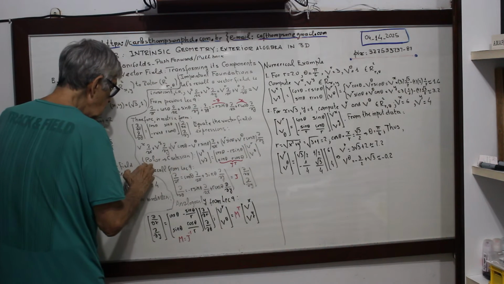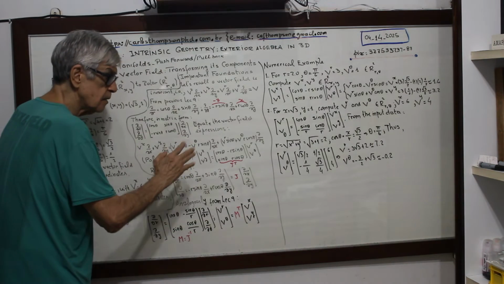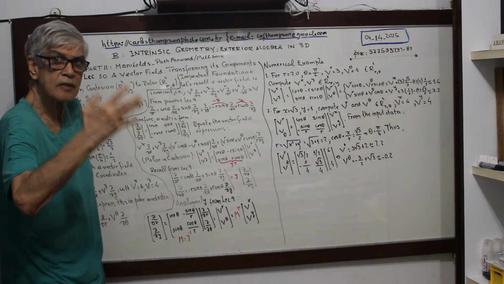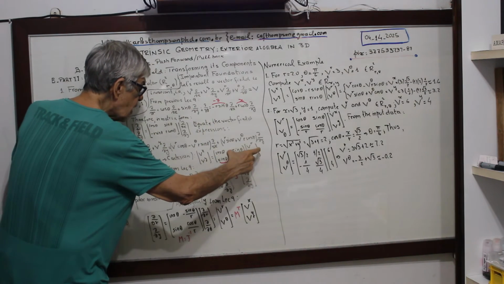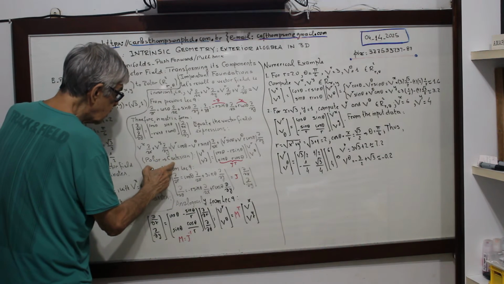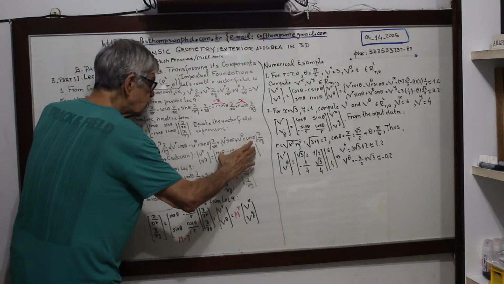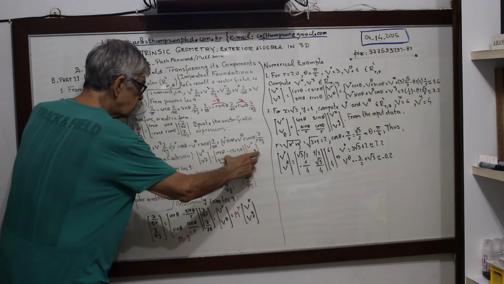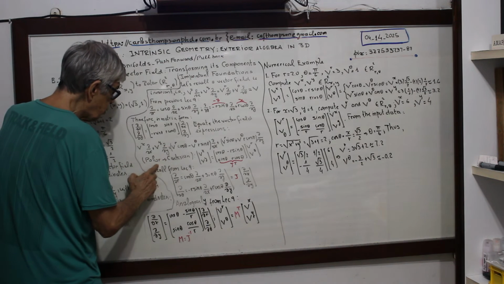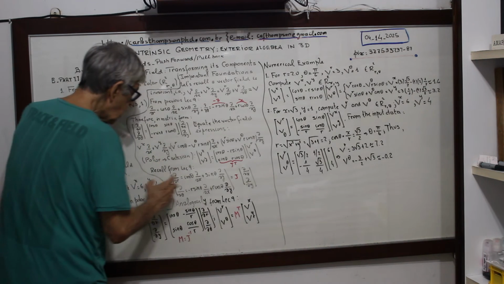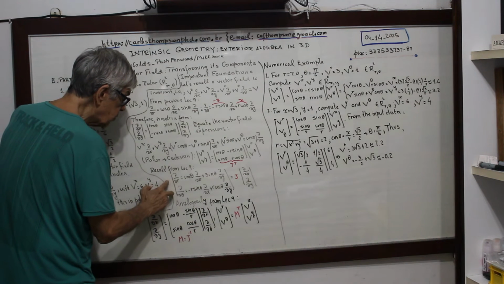Now, polar to Cartesian. You see, when you say polar to Cartesian, the right-hand side must be given, which is the polar. The right-hand side is related only to the polar coordinates. The left-hand side is Cartesian. That's why you write polar to Cartesian. Now, recall from the lecture, you just go there and copy.